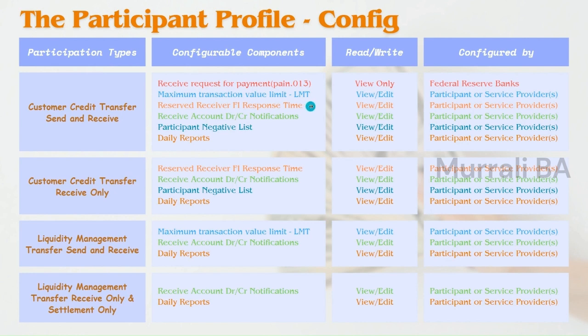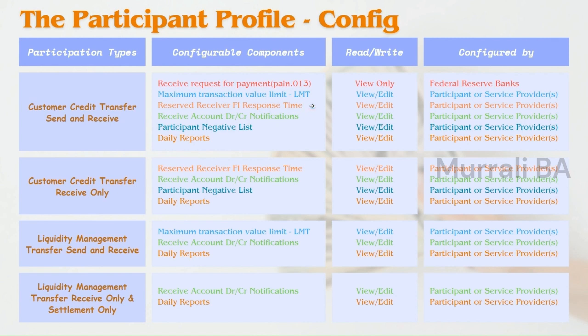FedNow has set a maximum limit that every receiver FI should respond within 5 seconds for any value message, be it pacs.008 or pacs.004. The only option you have is to reduce that number to 1 second, 2 seconds, or 3 seconds, but you definitely cannot exceed 5 seconds.